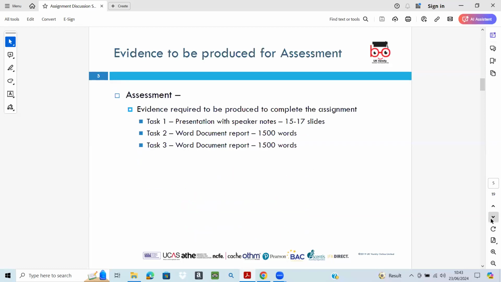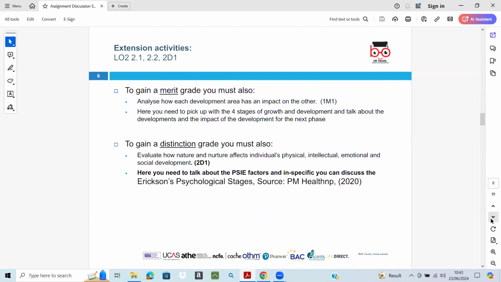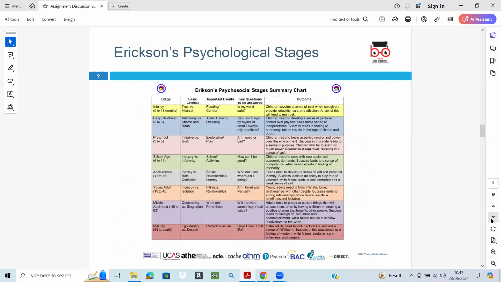Okay, I'll show you properly again how we do that. And in this slide, we have Erikson's psychological stages. Okay, we have here the stages, basic conflict, important event, key questions, and the outcomes.